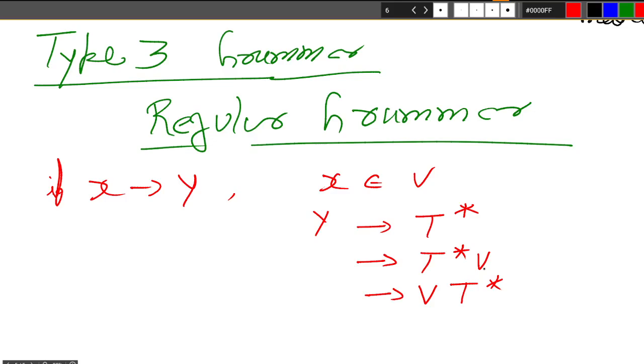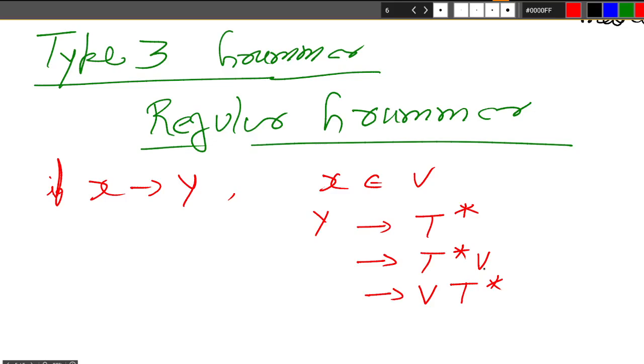But if you want to make it a regular grammar, it can be either right linear or left linear, not both. If both kinds of rules are present, then it will not be regular, it will be something else.